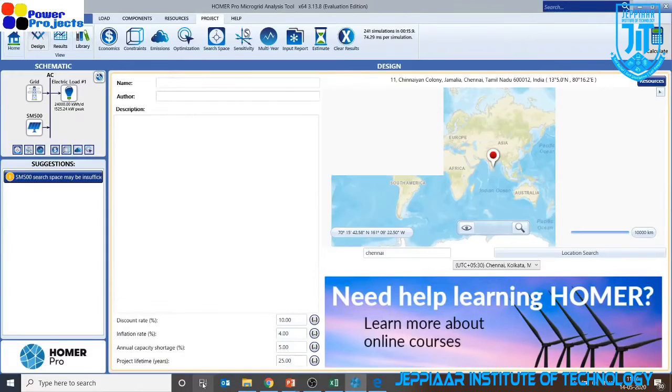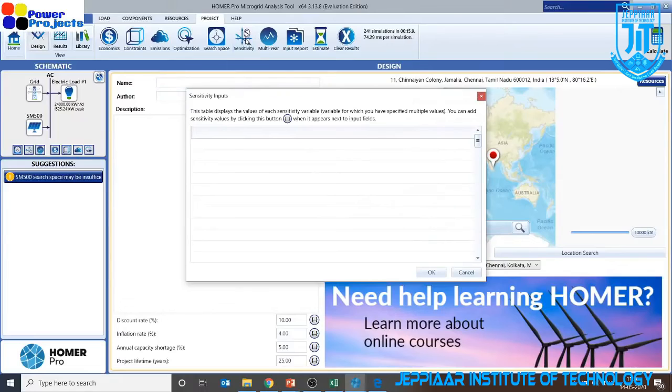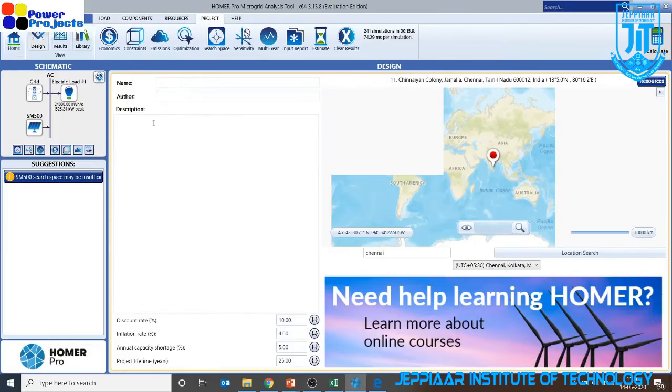There is a question on how to carry out sensitivity analysis in HOMER Pro software. I believe that's a really good question. There is something called sensitivity. I'm not going to simulate it, but let me talk about what sensitivity is. If you are simulating your plant with, for example, a diesel generator, the diesel cost may change.